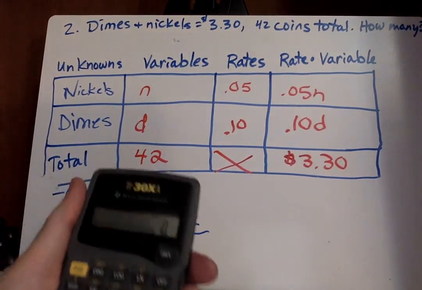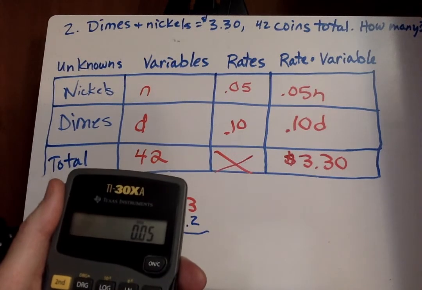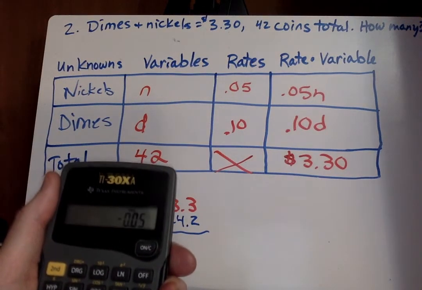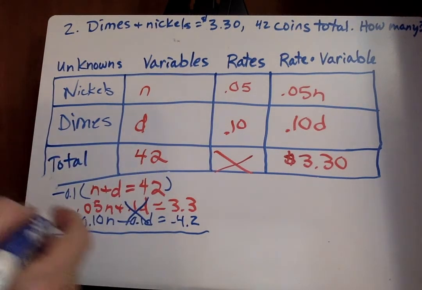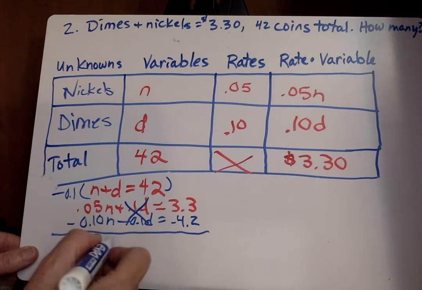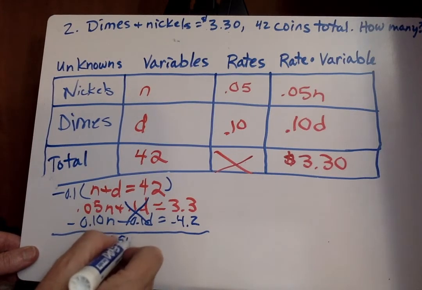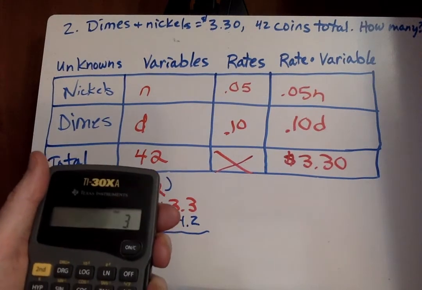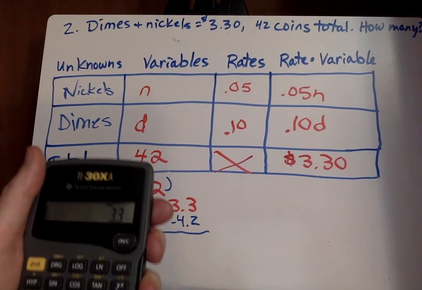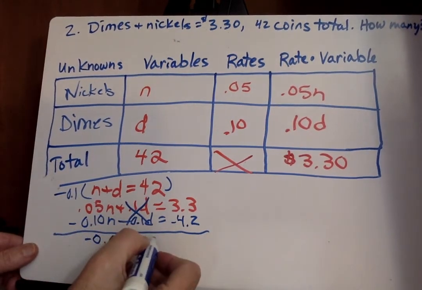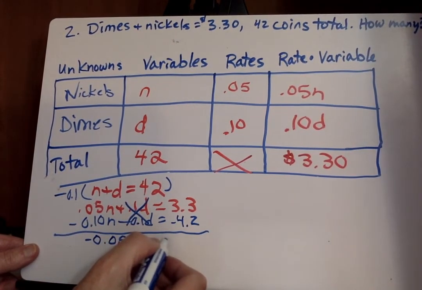But if I take 0.05 N minus 0.1 N, I get negative 0.05 N equals 3.3 minus 4.2. Negative 0.9.